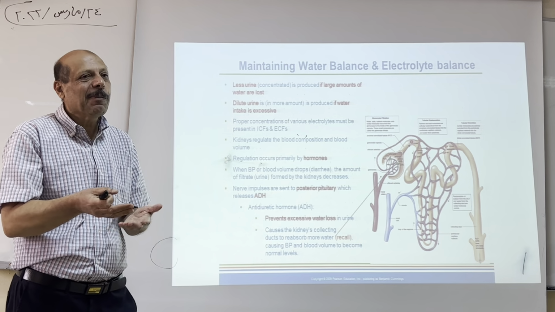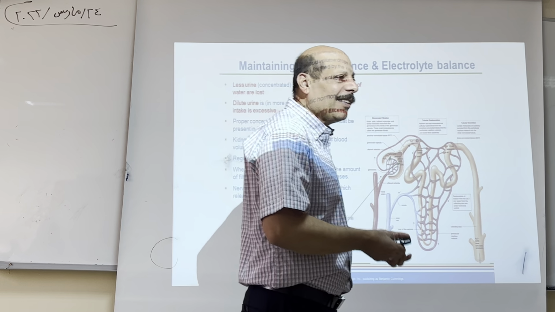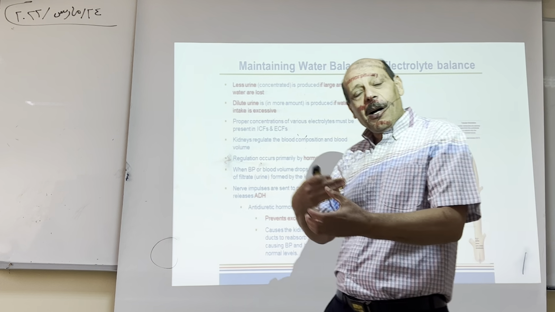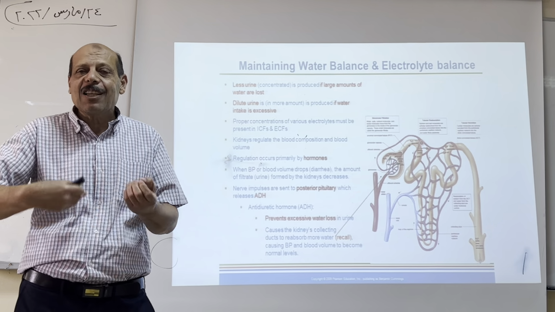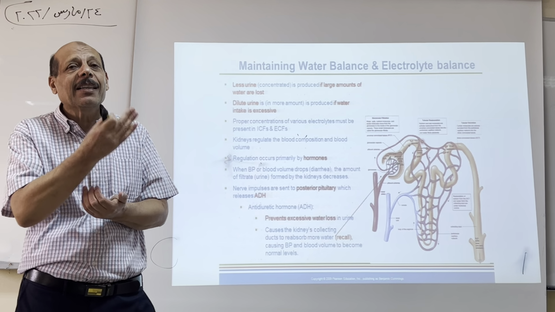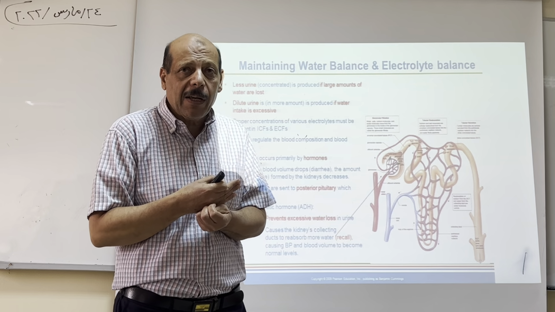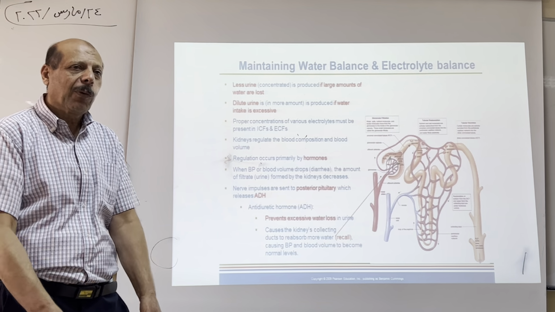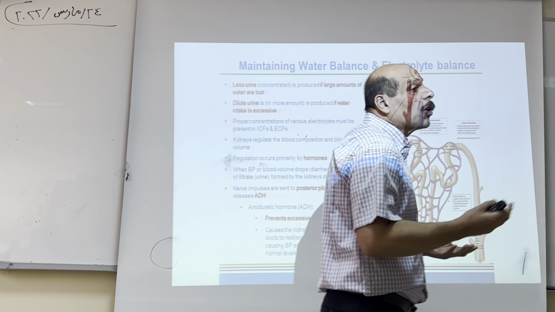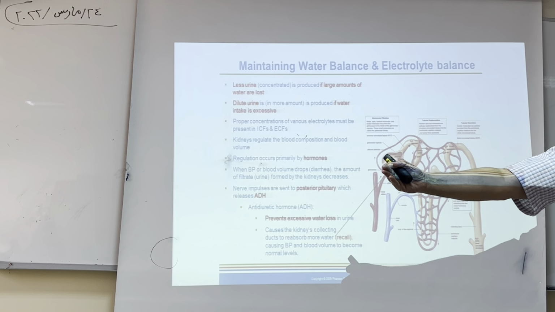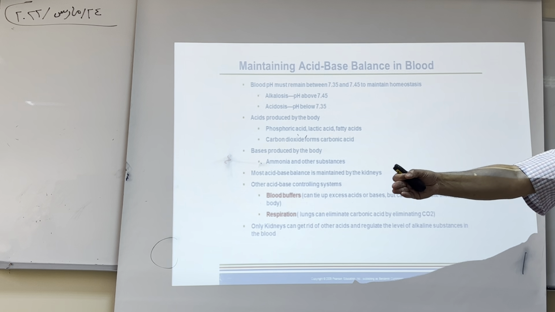So the condition will start with edema, and we find it first in the lower limb. Why is edema there? Because the amount of fluid that has to be excreted is not excreted well. So the body has more fluid than required. Also, it will affect other systems. It will affect the heart because the blood volume also, hypervolemia, will be there.